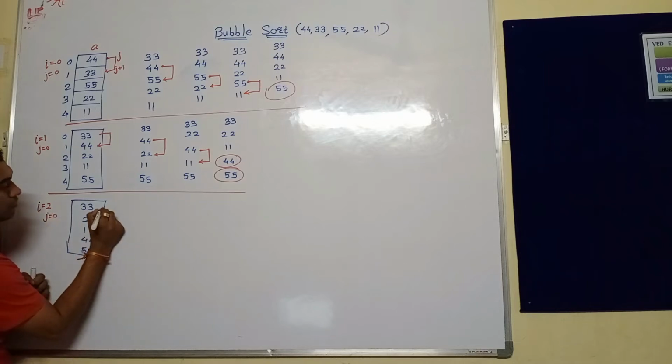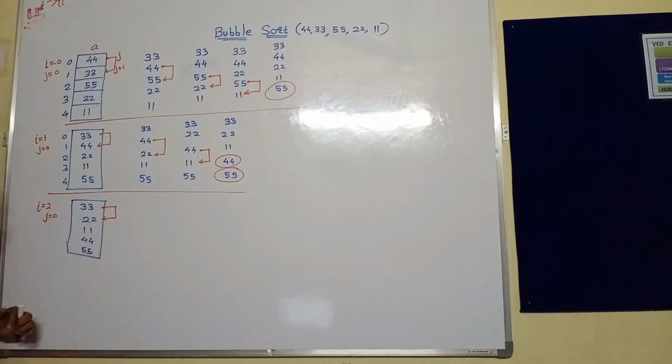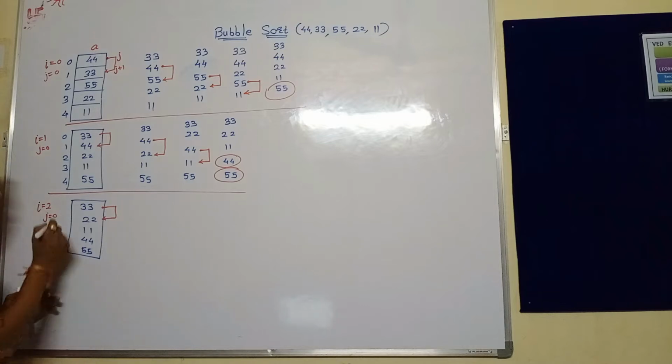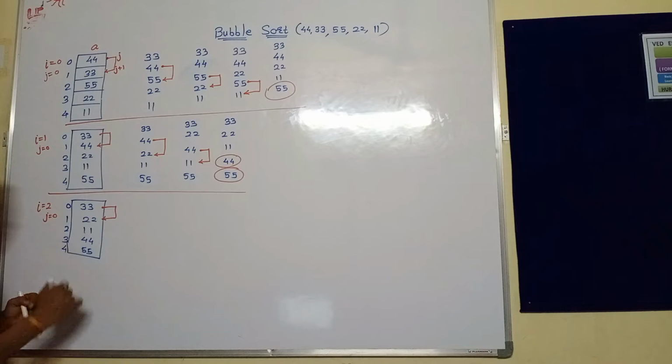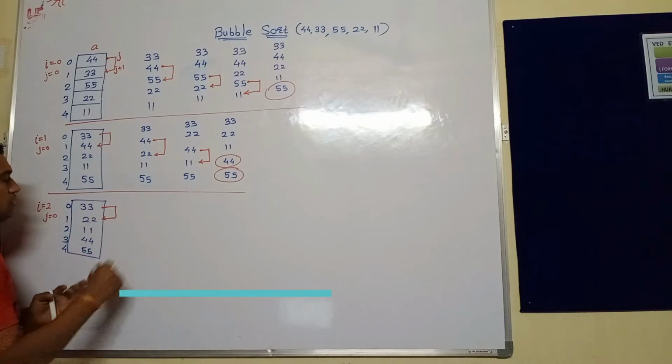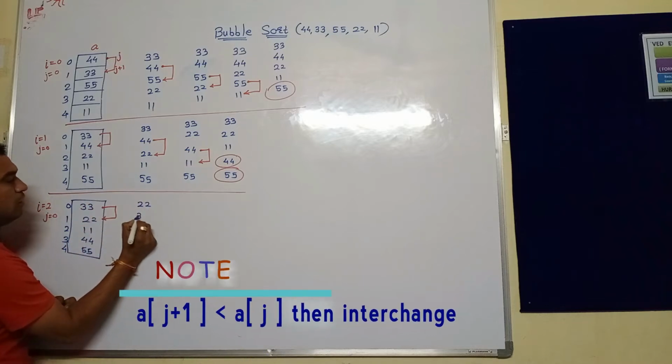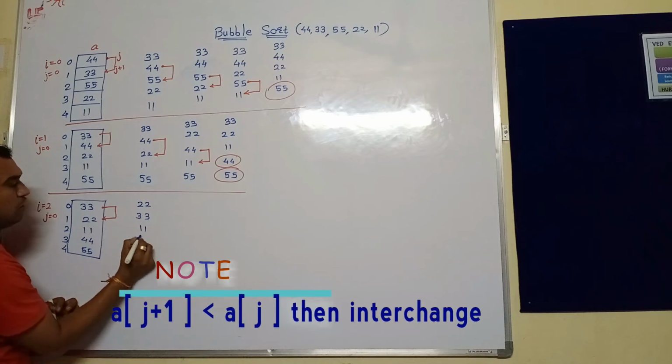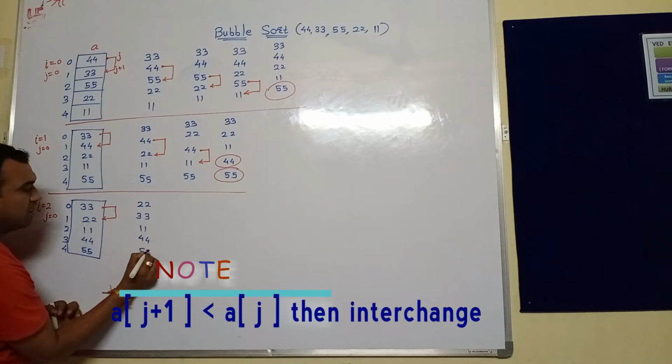So here this is my j and this will be my j plus 1. Index is 0, 1, 2, 3, 4. Again, A of j plus 1 is smaller than A of j, so we will do an interchange: 22, 33, 11, 44, 55.